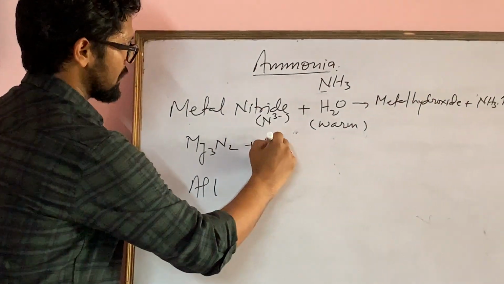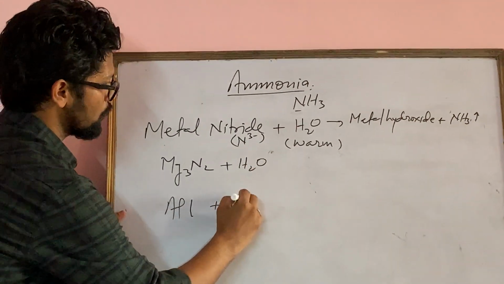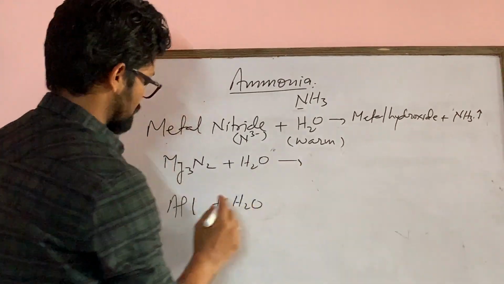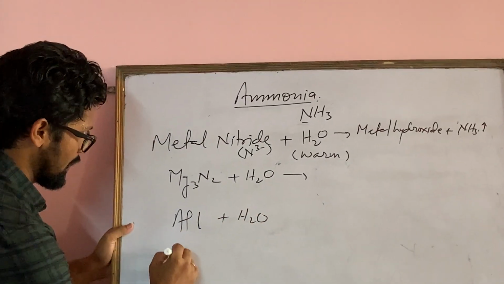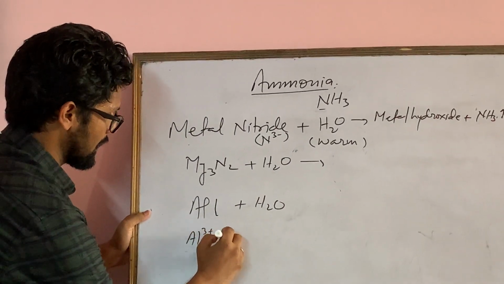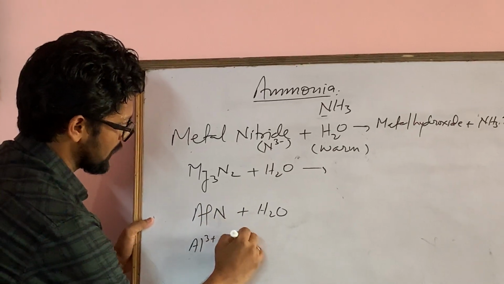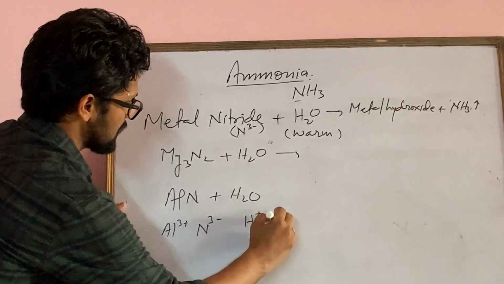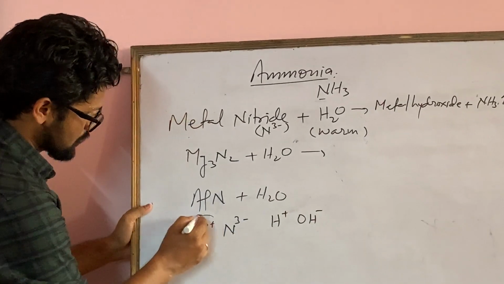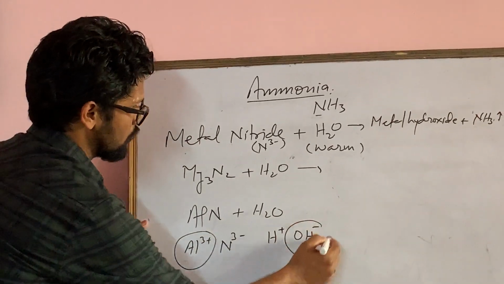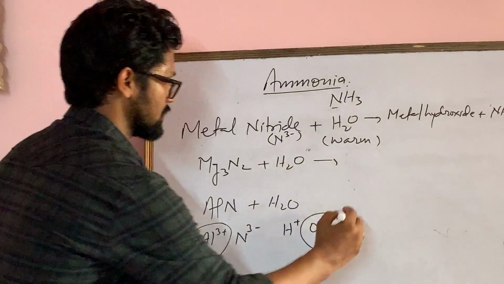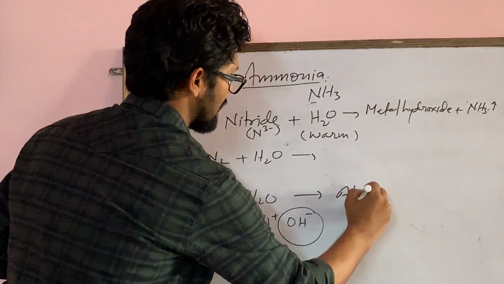So when it reacts with warm water, it breaks into ions: Al3 plus and N3 minus, and H plus and OH minus. Positive of the first will go with negative of the second, so what formula will it give here?